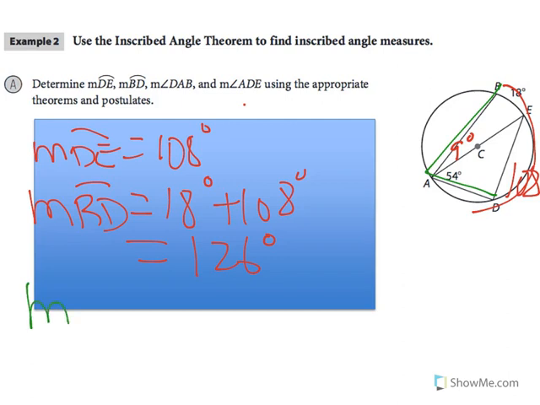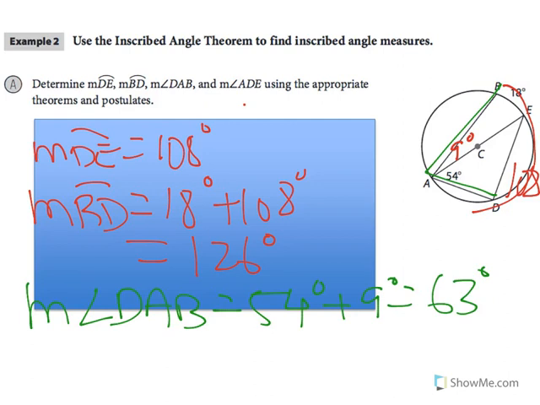The measurement for angle DAB is equal to 54 degrees plus 9 degrees, so it will be 63 degrees. And we're also looking for the measurement for the angle ADE.